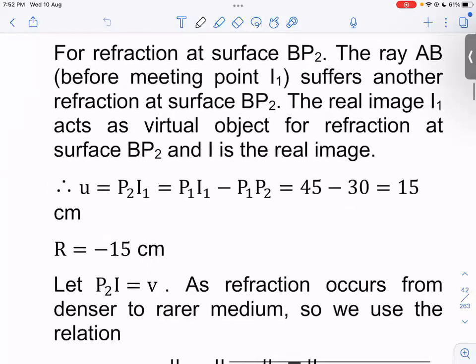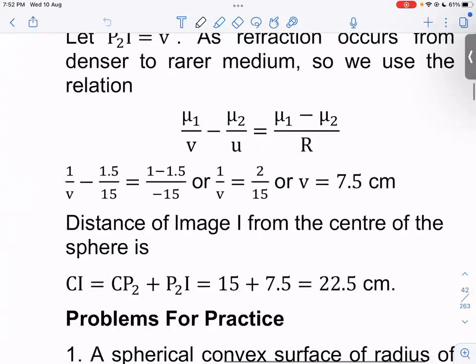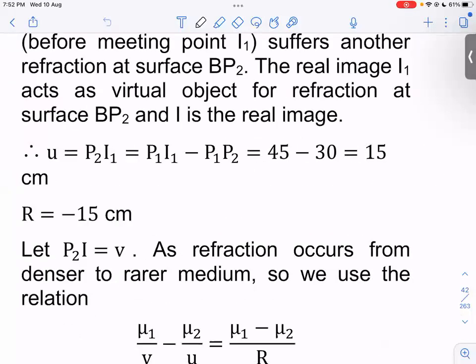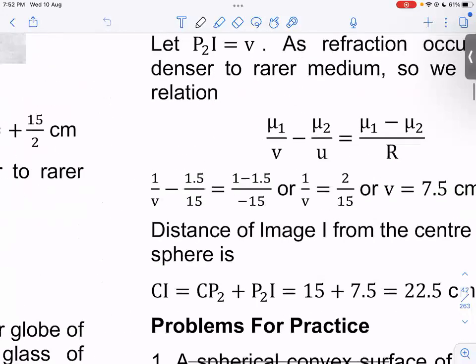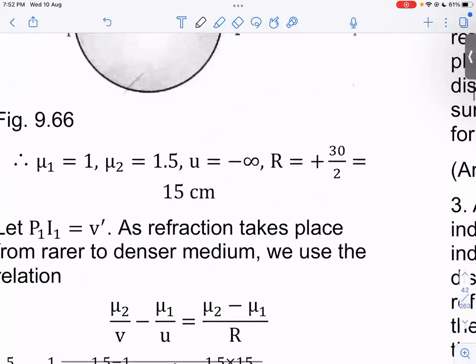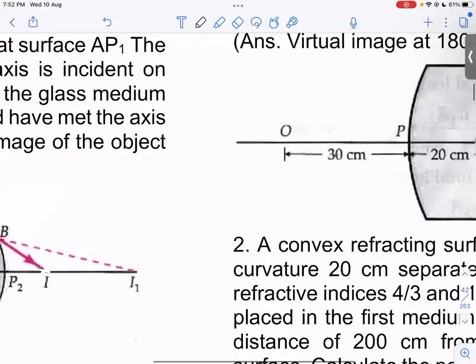Denser to rarer, rarer to denser. They've given 22.5. Here's the position where the image is formed. Okay, 45 centimeter.